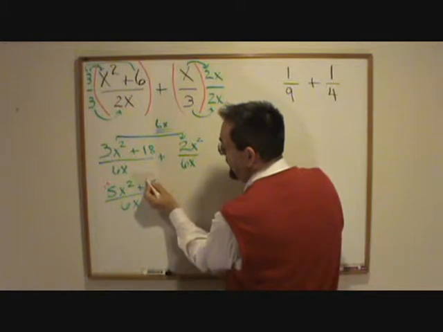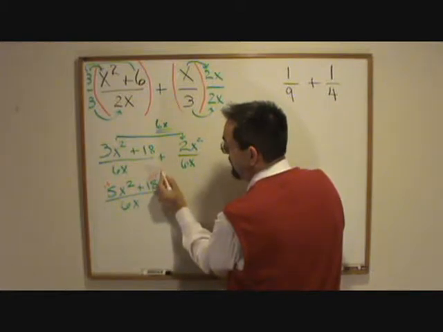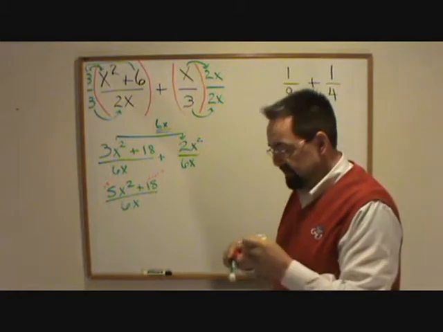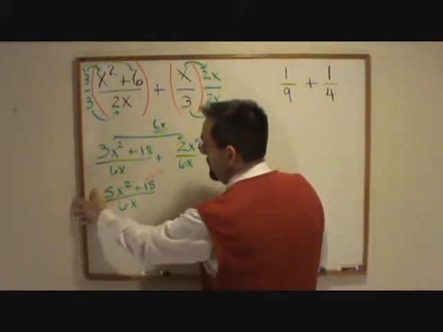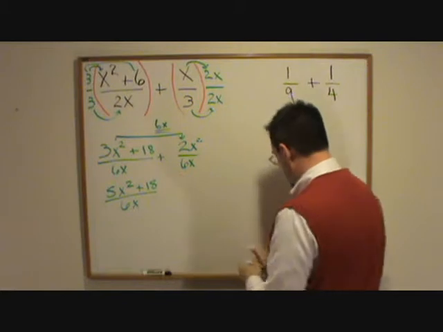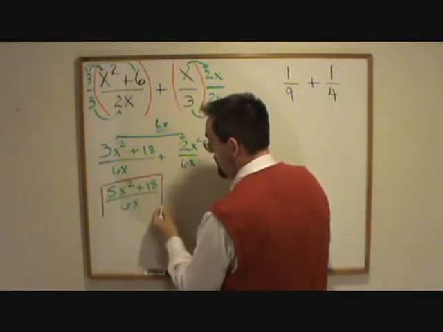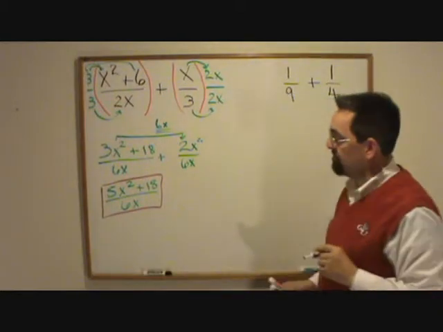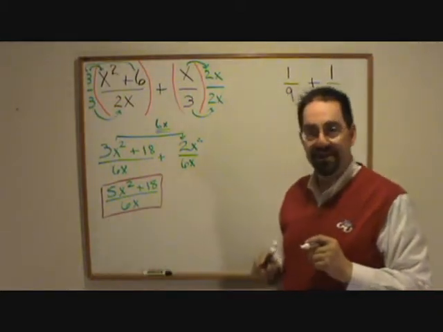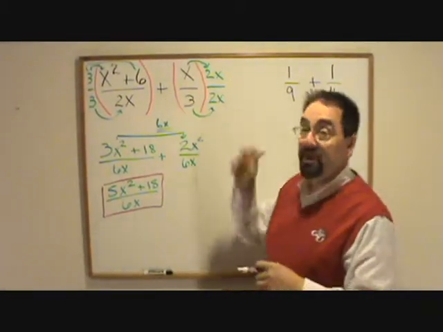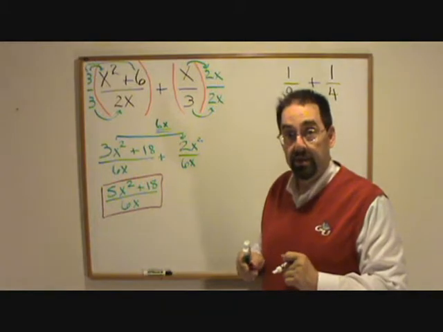Factors of 18: 1, 2, 3, 6, 9, 18. Nothing but the 1. I think we've solved it. We'll erase those, and our final answer is (5x squared plus 18) all over 6x. The lowest common denominator is what was needed to simplify that expression.